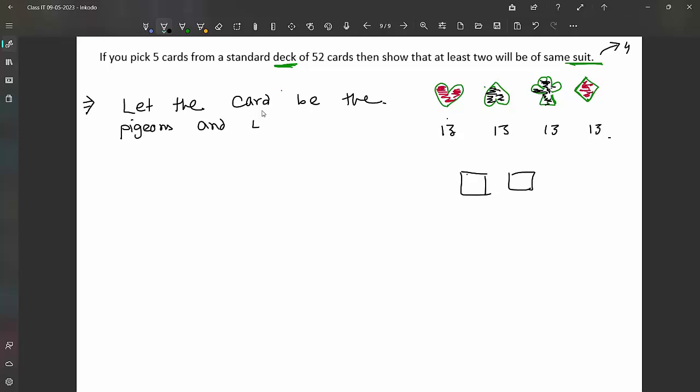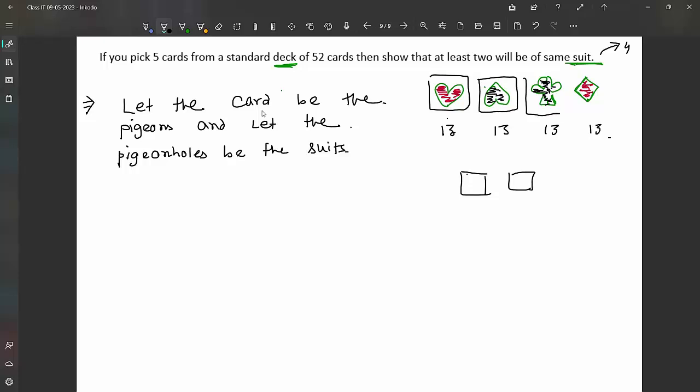So let the cards be the pigeons and let the pigeonholes be the suits. These are the pigeonholes now, and we will select the cards from these pigeonholes.